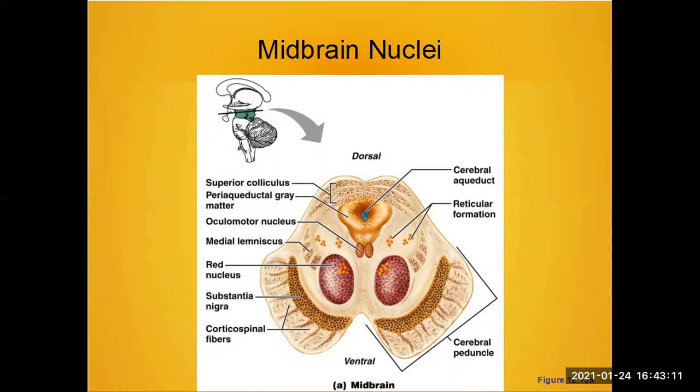Midbrain nuclei: red nucleus, oculomotor nuclei, reticular formation, trochlear nuclei, and also you can see superior colliculus and inferior colliculus.